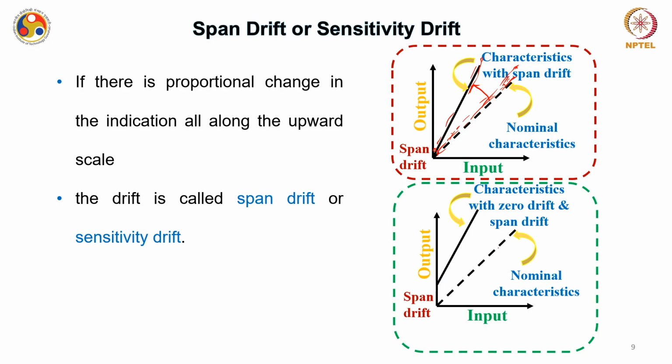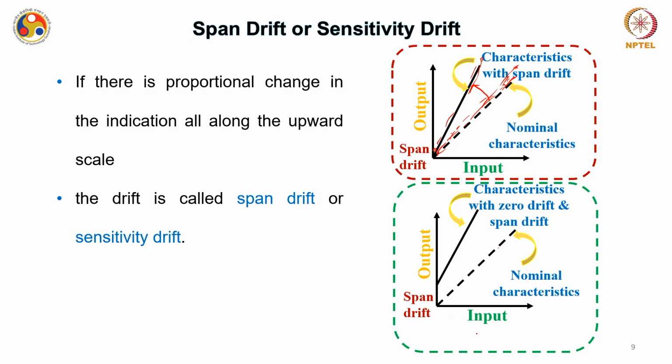Now, this span drift can occur also with the zero drift. So, both can occur simultaneously. So, this is a typical example of a transfer characteristic of an instrument, where this is the nominal characteristic, and this characteristic shown here also has a zero drift.